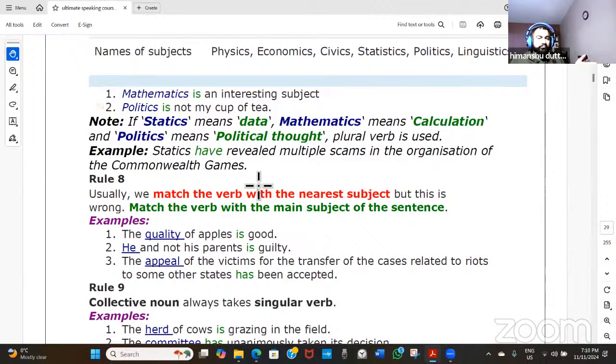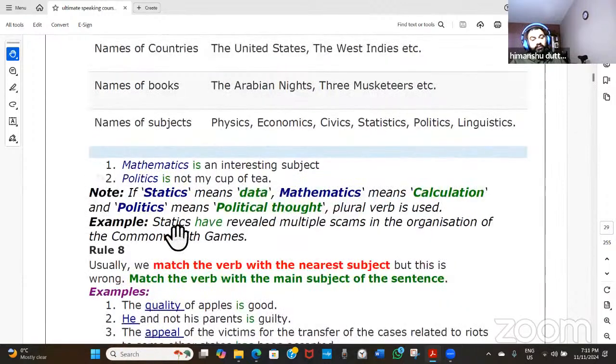When people have different thoughts, like one party has a different thought and another has a different thought, that's how it will be. So, statistics have revealed multiple scams in the organization of the Commonwealth Games.